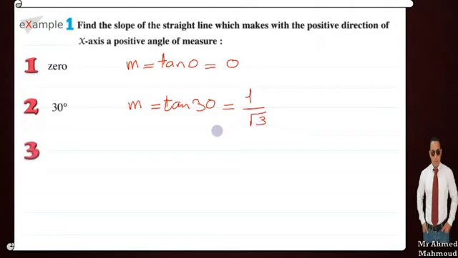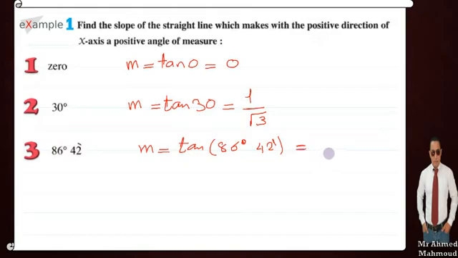Number 3, 86 degrees 42 minutes. m equals tan 86 degrees 42 minutes. I have explained in the trigonometry lessons how we write this on the calculator: I write tan 86, the degree button, 42, the degree button again.